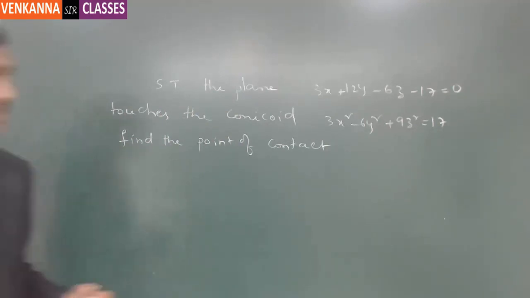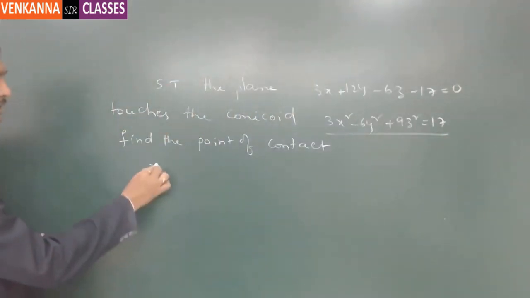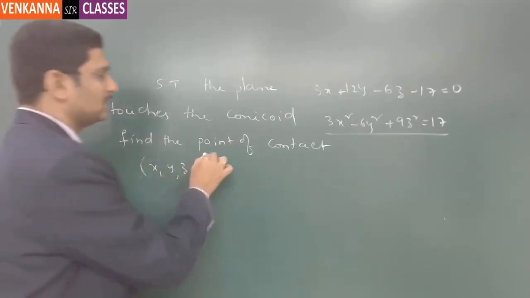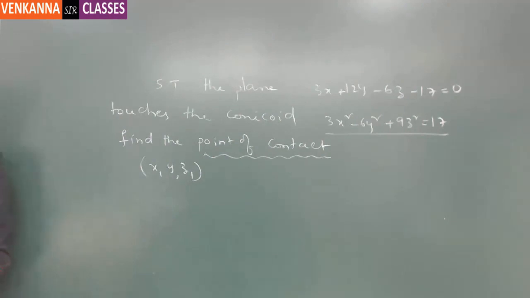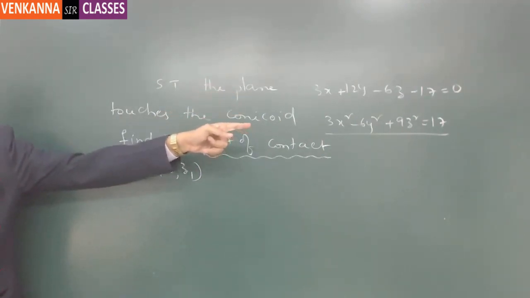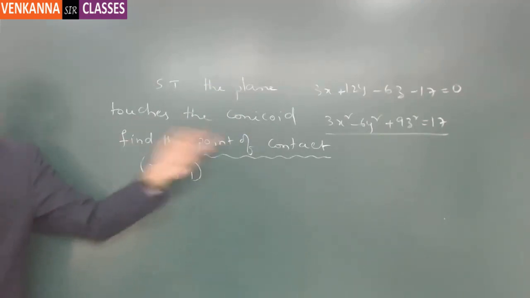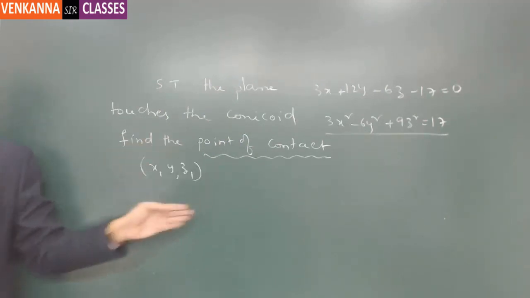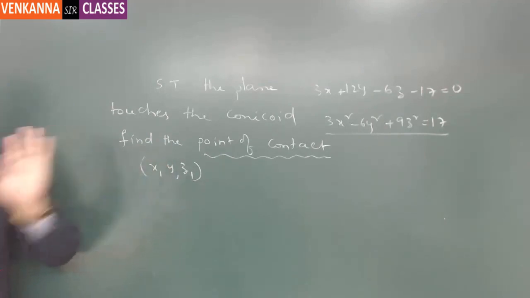So if you consider this conicoid, say x1, y1, z1 is the point of contact. Let us assume that the given plane touches the conicoid at the point x1, y1, z1, which is the point of contact. If I am able to determine the values of x1, y1, z1, then I am done.